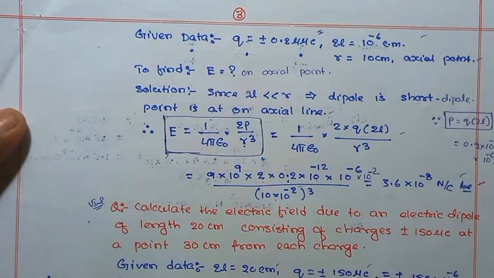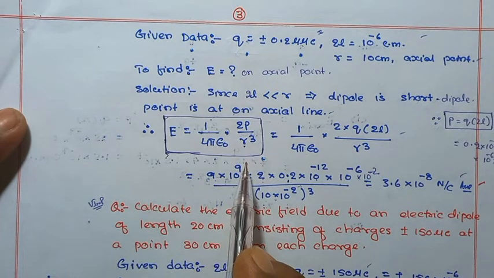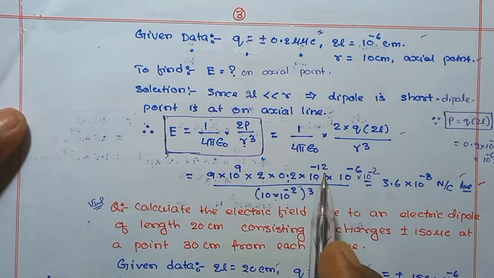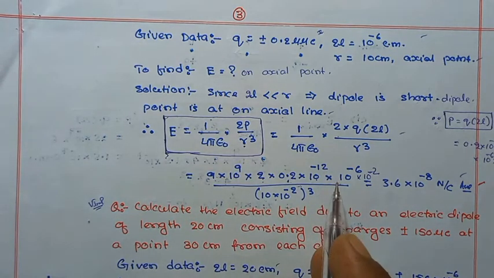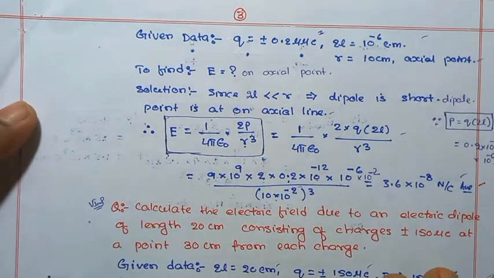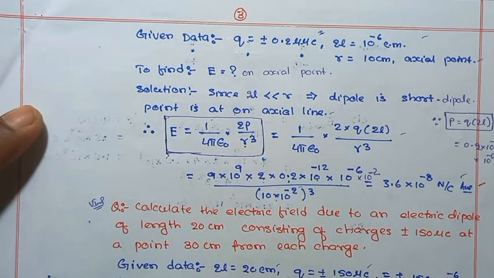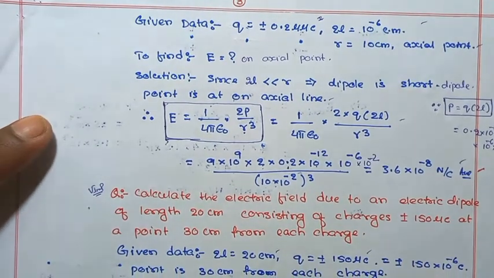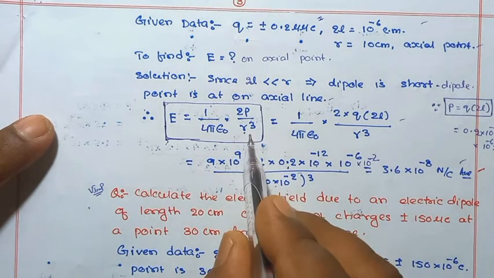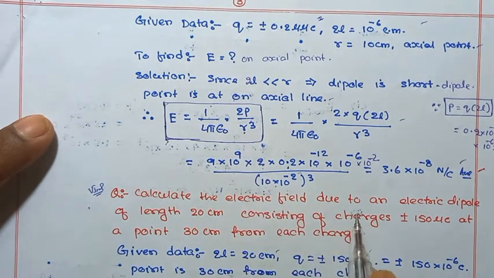Here the dipole length is very, very less than the distance of the observation point from the center of the dipole. Therefore we will use the formula E is equal to 1 by 4 pi epsilon 0 into 2p by r cube.